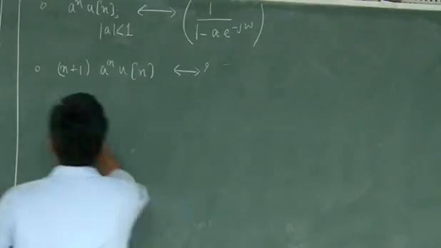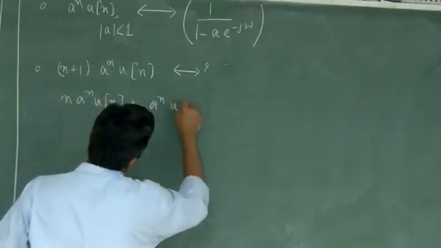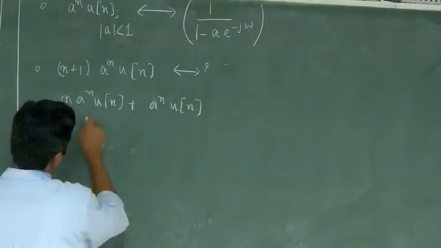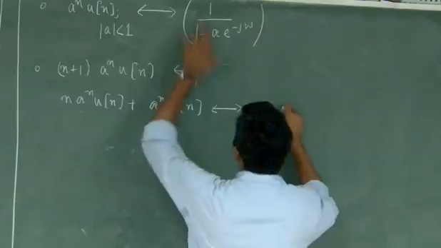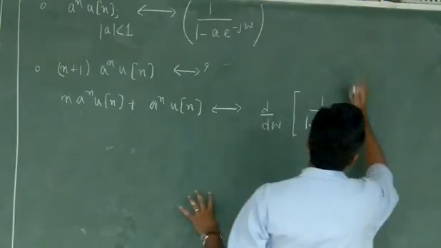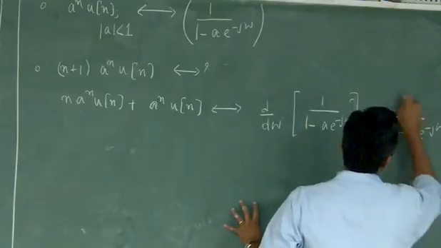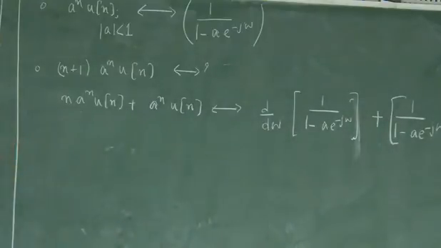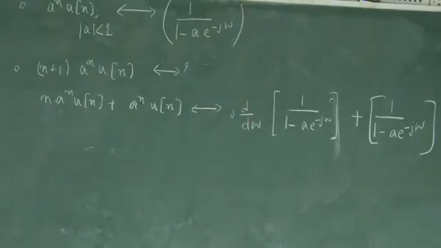So what is this going to be? This is going to be n times, and we know this is going to be what? Do you see that? There's a j. Okay, and you can go ahead and simplify that.